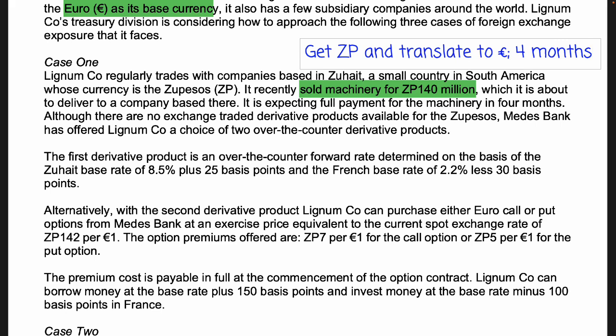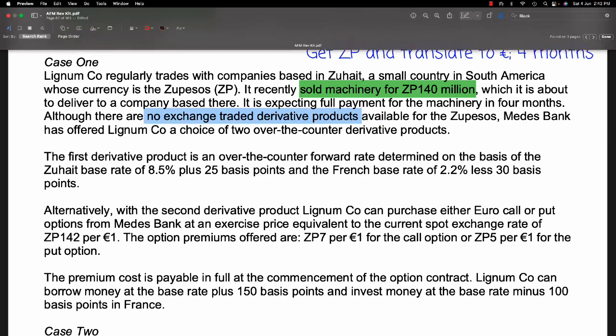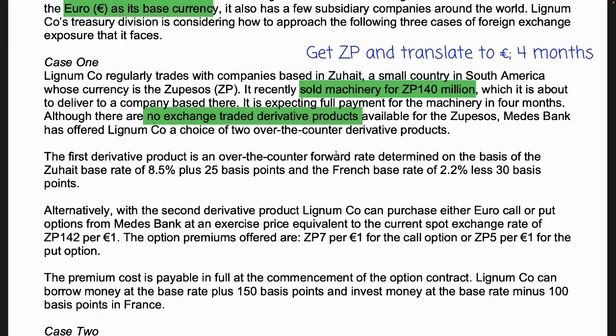Four months. Although there is no exchange traded derivative available for the Zu Peso. Notice there is no exchange traded derivative, meaning there are no futures, forwards, or options in the traded market. So that means it locks out the normal hedging.